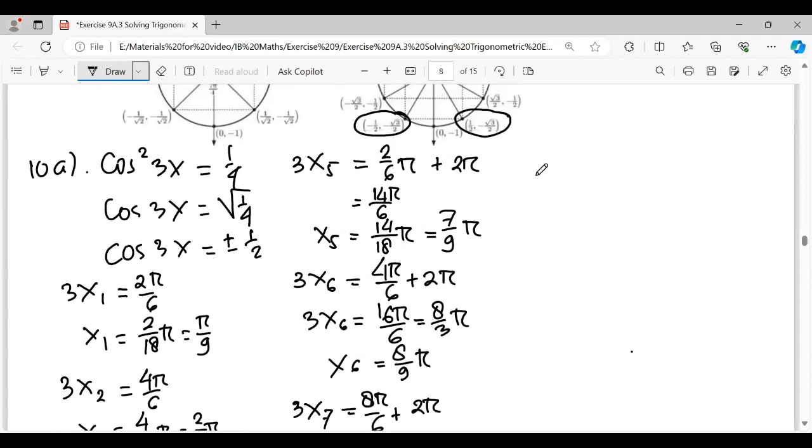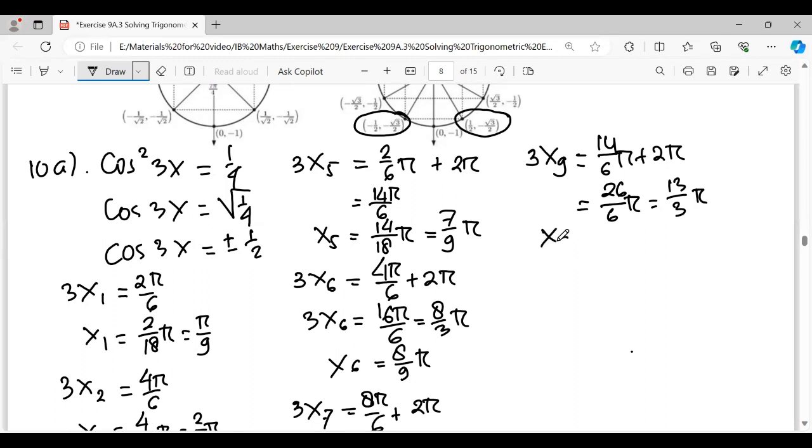Now move here. 3x9 is 14 over 6 pi plus 2 pi, 26, 13 over 3 pi. So x9 is 13 over 9 pi.